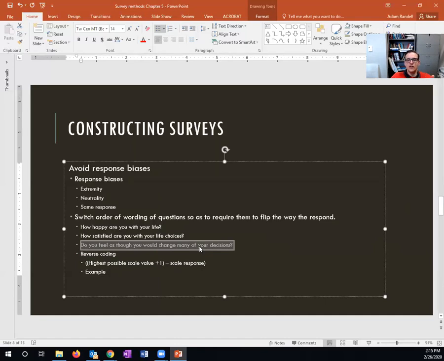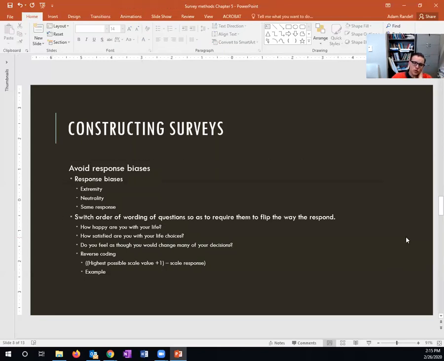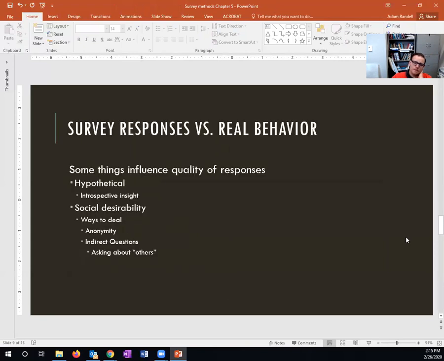Now that we've done this, our responses are 7 to this one, 6 to this one, and now, because it's reverse coded, 6 on this one. And so we get a pretty clear picture that this person responding this way is satisfied with their life. So that's one way to get around response biases.